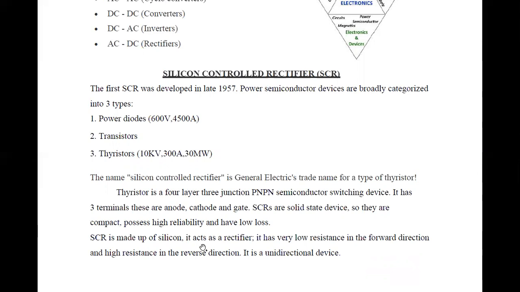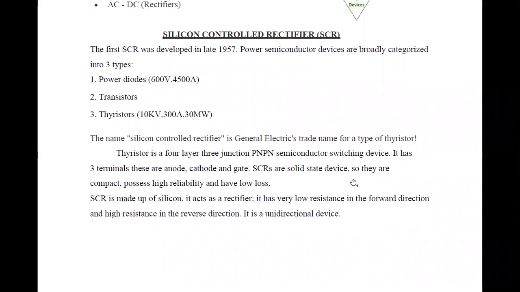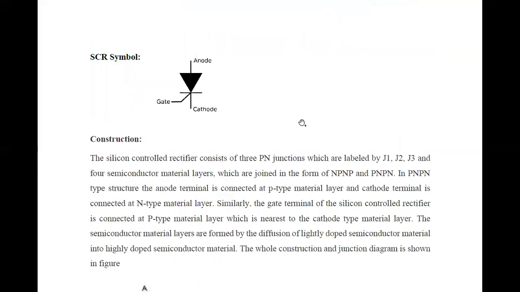SCR is made up of silicon, and it is a control device, hence the name silicon control, and it can act like a rectifier. So the name silicon control rectifier: it has very low resistance in the forward direction, and offers very high resistance in the reverse direction, and it is a unidirectional device.